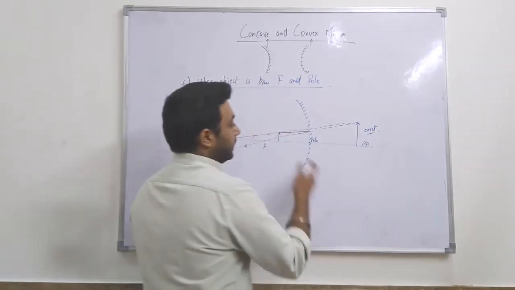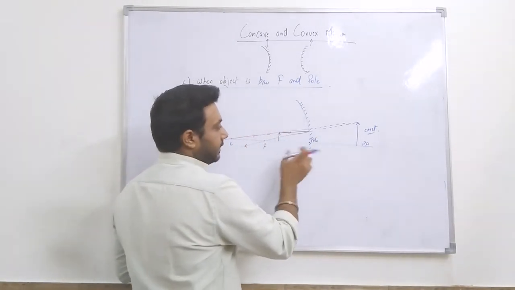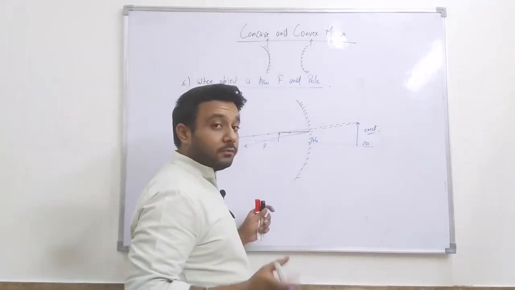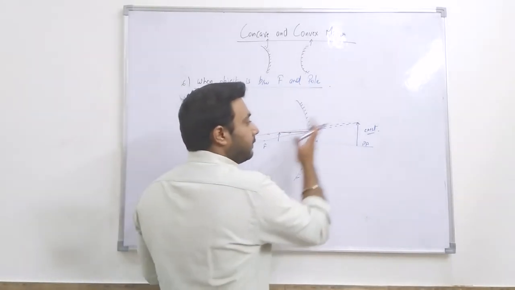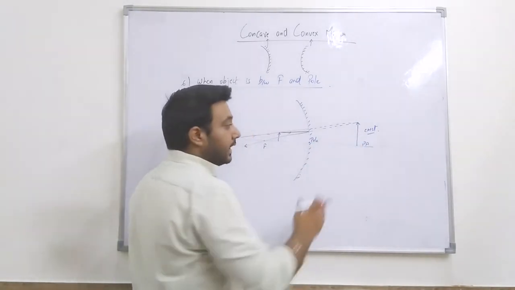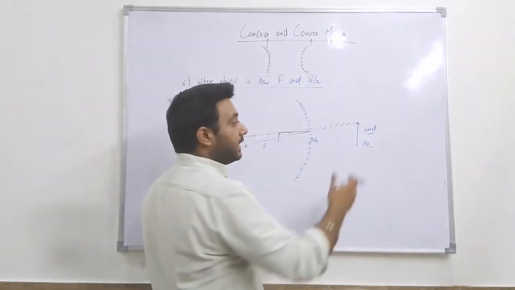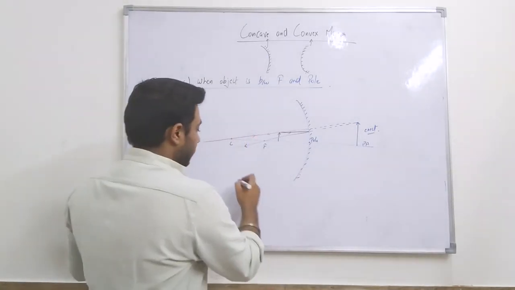This is also the case where, when the object is placed between the focus and the pole, the image will be formed behind the mirror. It is an enlarged image. It is a virtual image because it is made by virtual lines, and it is erect also.